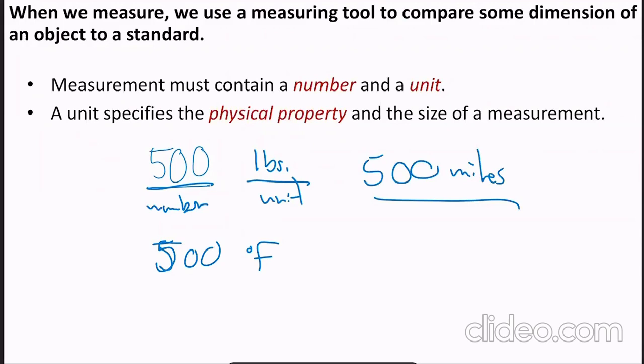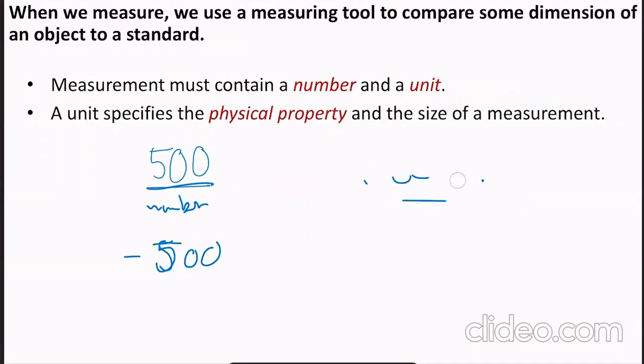Minus 500 degrees, whatever I measured was probably pretty cold. But if I just write 500 or minus 500 and don't have any units, these numbers don't mean anything. I have to have some unit that specifies some physical property about whatever I just measured. That's what we need anytime we're measuring anything.